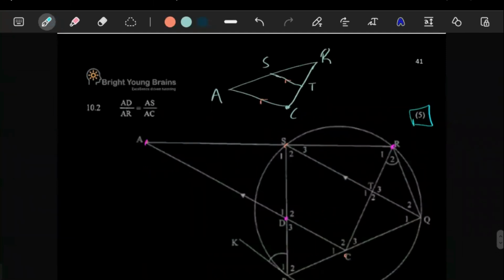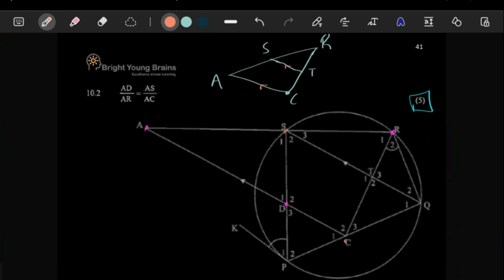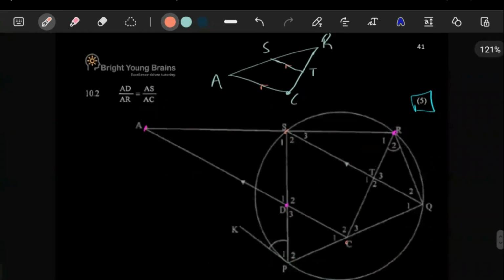So, this is going to be interesting. Well, we can start off by thinking of the proportionality theorem. So we can say here, since we have AR, let's see, AS and AC. Goodness, bro.